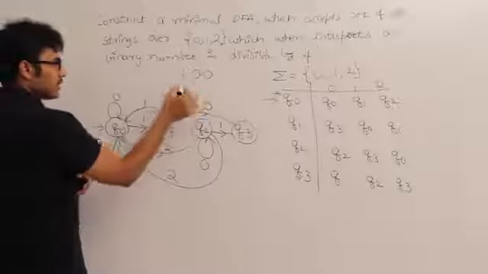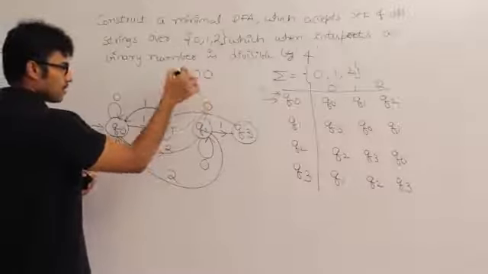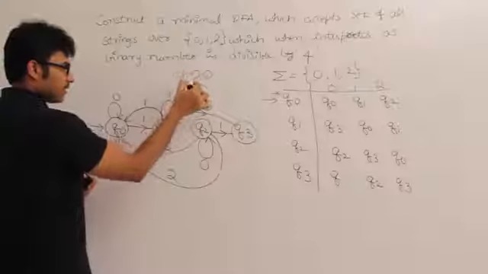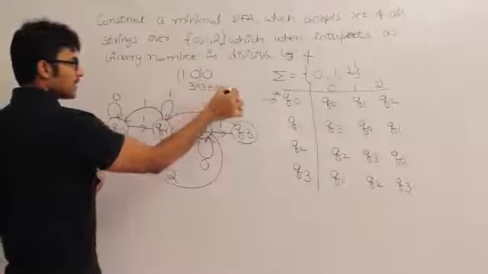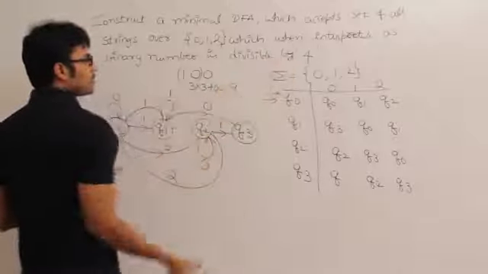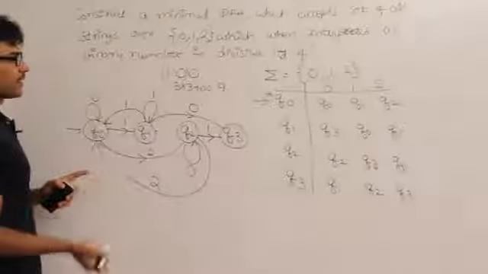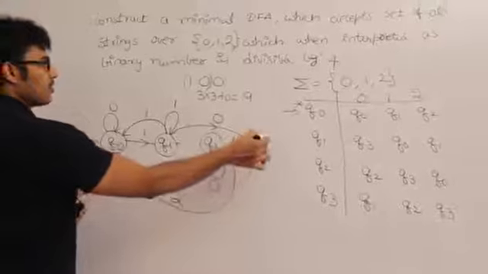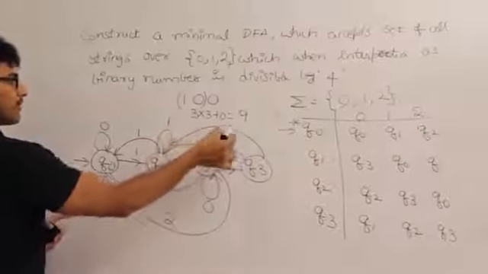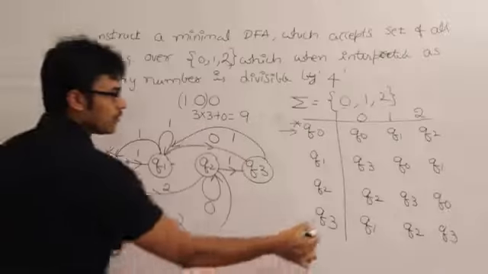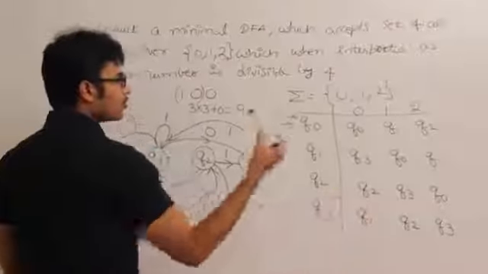This is nothing but 3 into 3 plus 0, which is 9. 9 when divided by 4 gives a remainder of 1. Therefore Q3 on 0 is going to go to Q1.